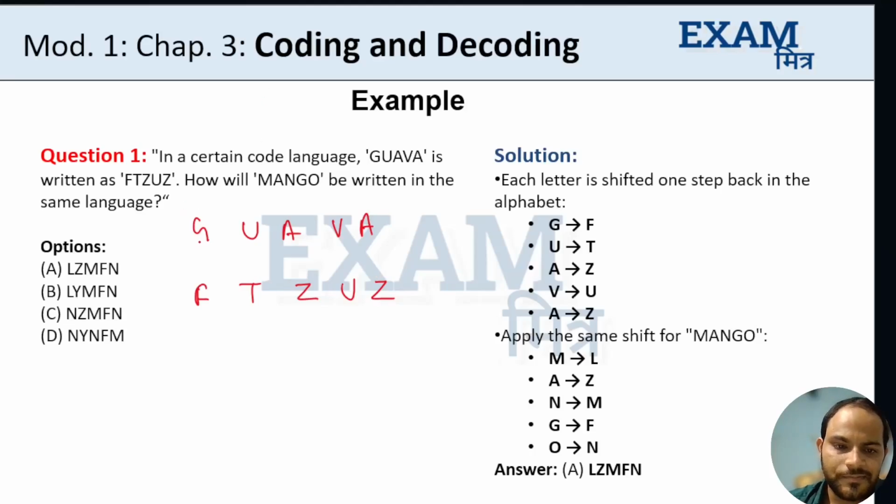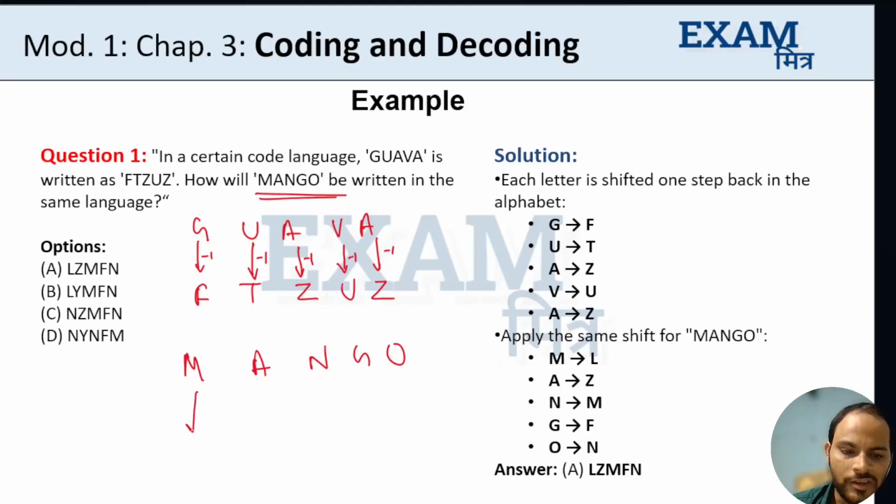So you see, each letter has been backward shifted. That means if I go from G to F, I need a backward shifting, one backward shifting. Similarly, from U to T there is one backward shifting. From A to Z there is one backward shifting. From V to U there is one backward shifting. And from A to Z there is also one backward shifting. Then how would mango be written?